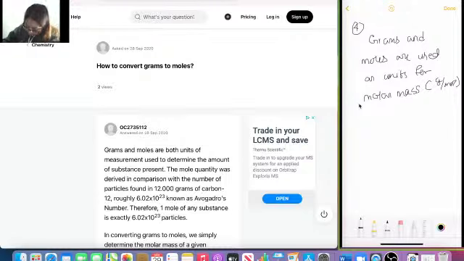So we can basically say molar mass is equal to grams per mole, which is basically mass over moles, your n.